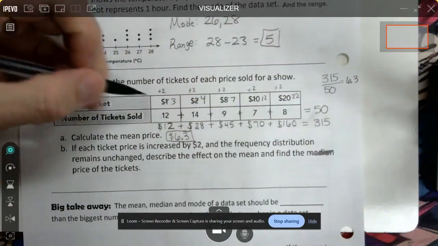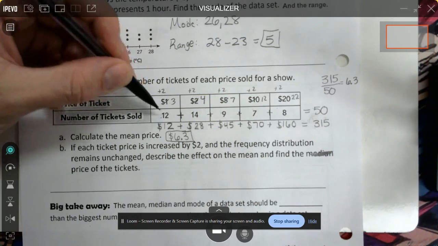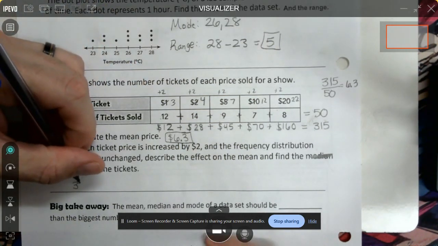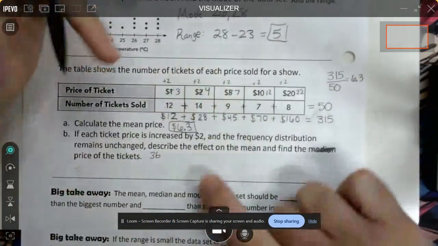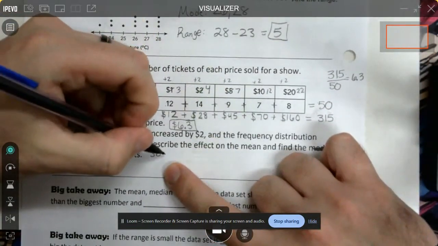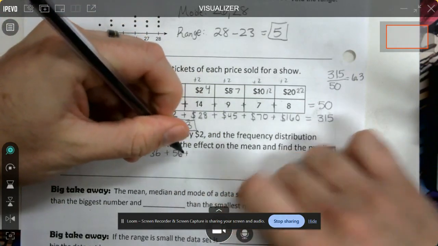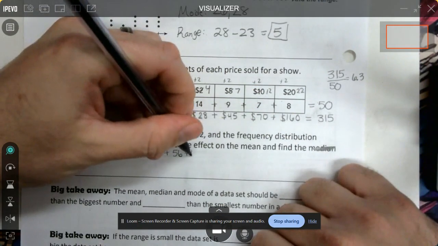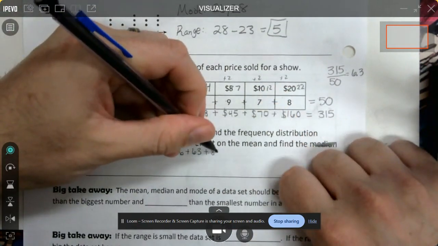Okay? So I'm going to write the new numbers here. 3 times 12 is 36. 4 times 14 is 56. 7 times 9 is 63. 12 times 7 is 84.